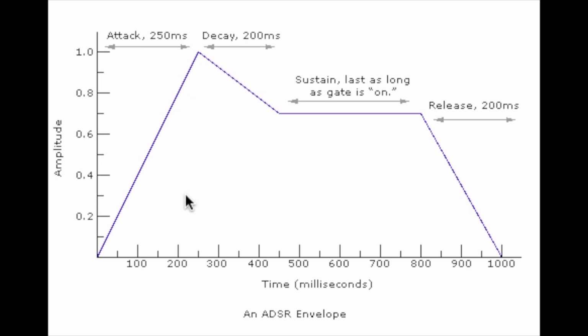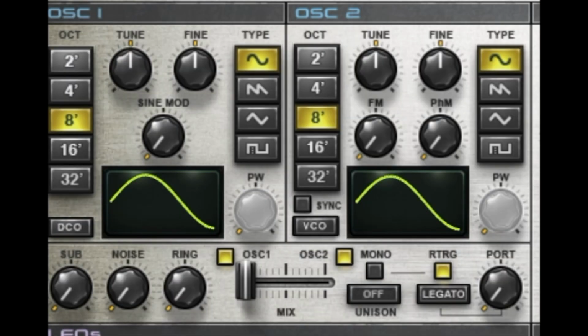But the shape of an acoustic instrument would take a second for the attack to go up to its full volume, or it would take part of a second. Then it would decay for a second down to the sustaining volume, and when I release the key, it would take a second for that to happen. So the ADSR, attack, decay, sustain, and release, are an envelope to the volume.